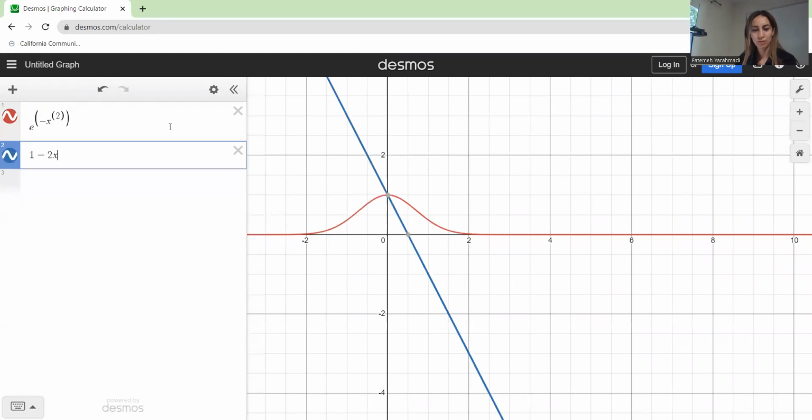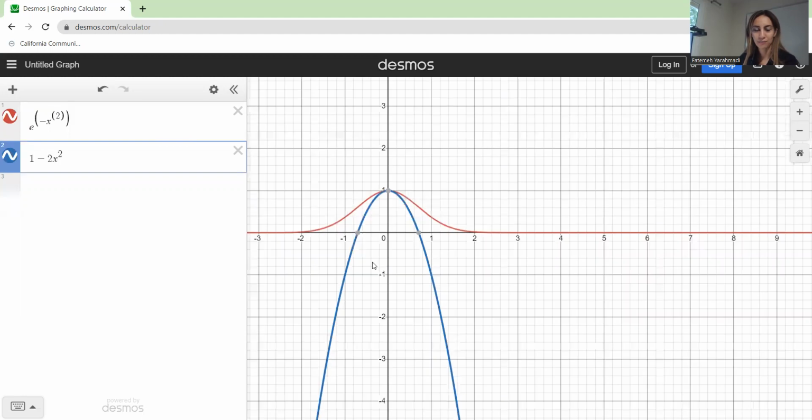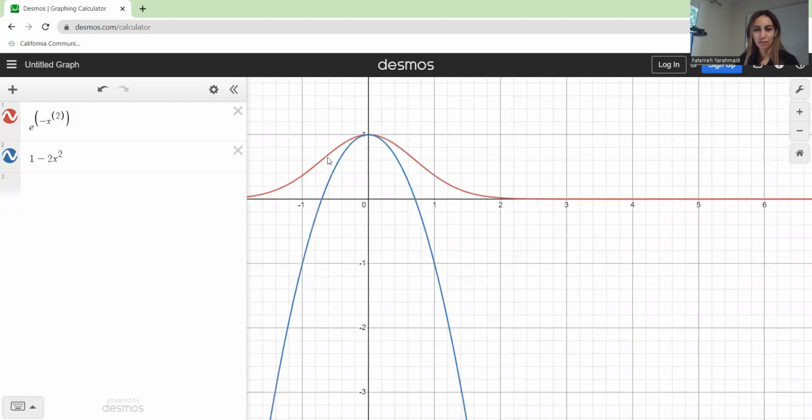1 minus 2x squared. Well, take a look. You have a parabola. This parabola is above the x-axis between these 2 points, and it is below the x-axis from negative infinity to this point and from this point to positive infinity.